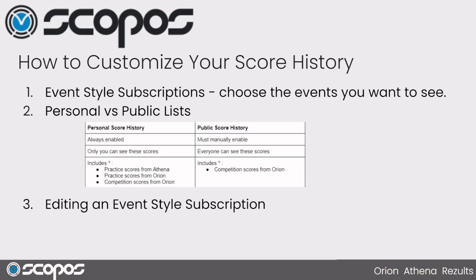So when you think of event style subscriptions, think of it more about how to pare down or summarize the events that you're most interested in. There's currently over 100 different event styles, and it's growing every week. But most athletes are going to specialize in a few or a handful.